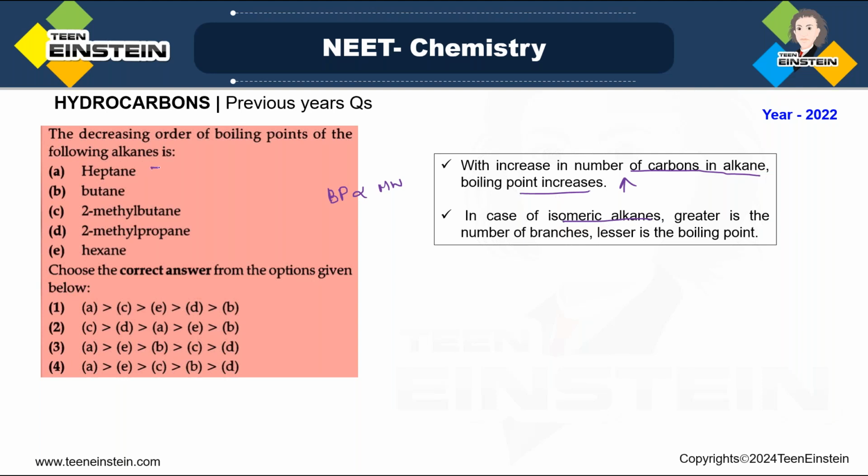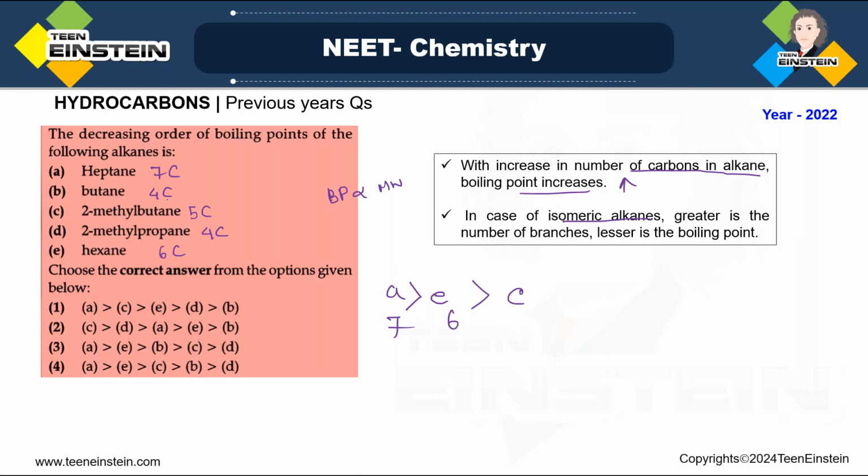Option A, heptane, so you have 7 carbon, butane 4 carbon, 2-methyl butane 5 carbon, 2-methyl propane again 4 carbon, hexane 6 carbon. Now if you simply focus on the carbon number, A should have the maximum boiling point. After that it should be E, because 7 carbon, 6 carbon, next is 5 carbon, that means 2-methyl butane. So C should come at second position, right?